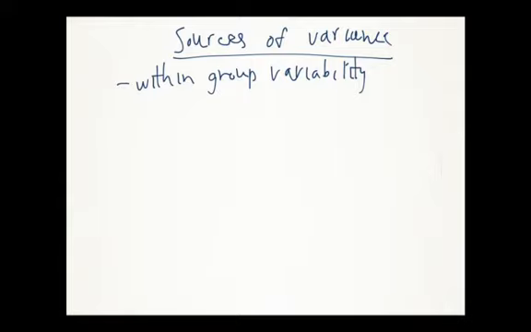And that is to say, when we sample from a group, for example, when we sample from the healthy controls, there's going to be variability from person to person in that group. Not all healthy controls are going to have the exact same outcome measure. There's going to be some variability. We refer to that as within group variability. And then, of course, there's between group variability.